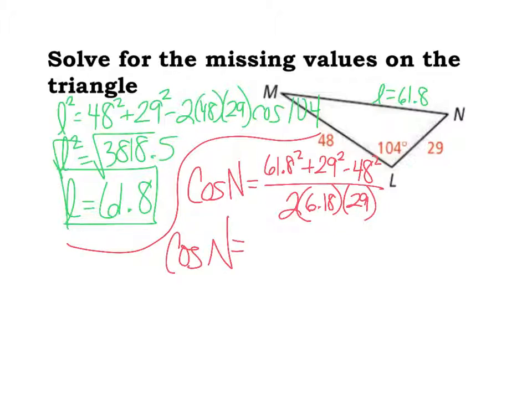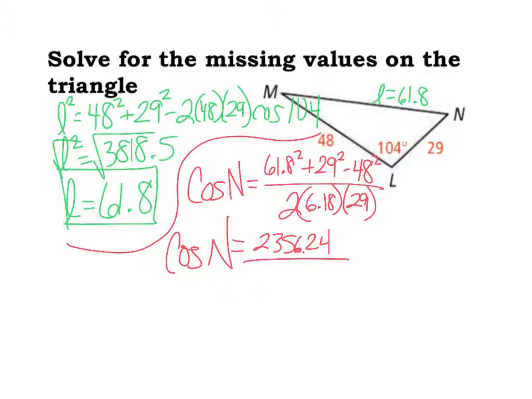All right, in my calculator, I'm going to type 61.8 squared plus 29 squared minus 48 squared. And that's going to be my numerator. I get 6.24 divided by, now I do the denominator, 2 times 6 point. Ooh, did you catch that?